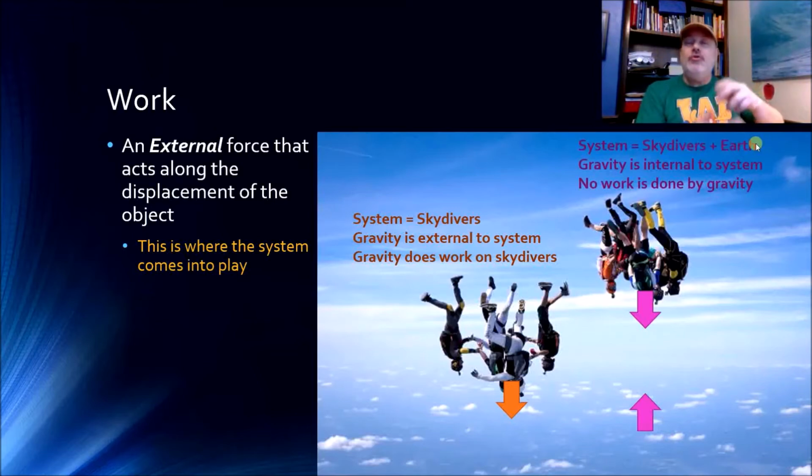As they fall, the gravitational potential energy turns into kinetic, which is why they go faster. So the idea of a system determines how you're going to account for this change in the system, whether you account for it in terms of energy or in terms of work.